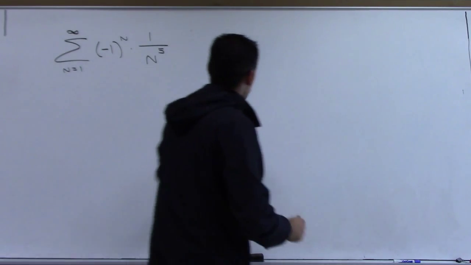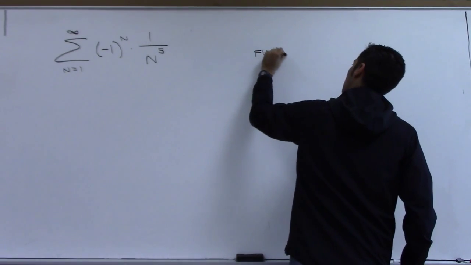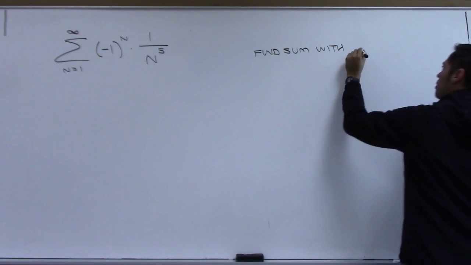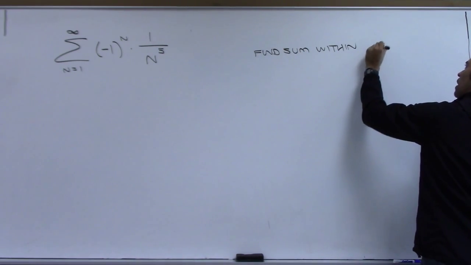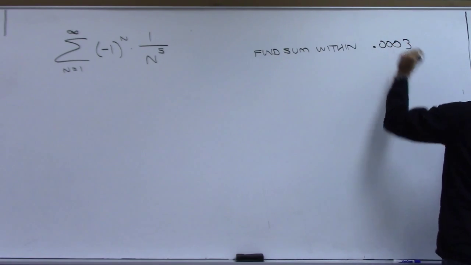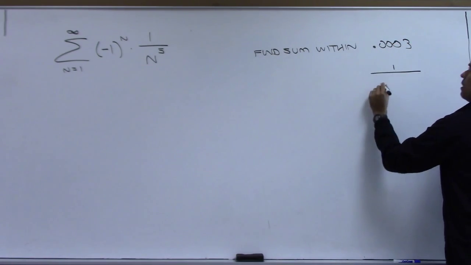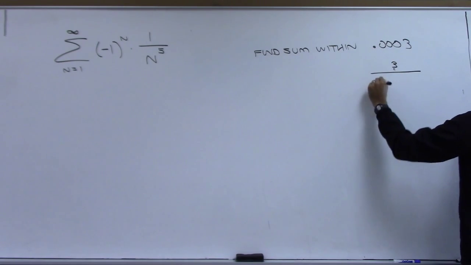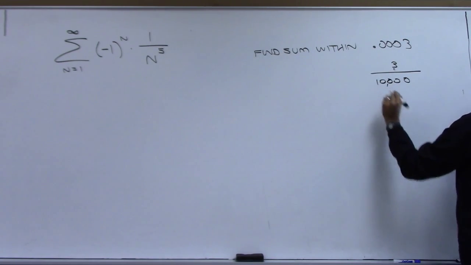I would like for us to find this sum, let's not go crazy with the millionth, let's just go within 0.0003. So that's within 3 10,000ths.